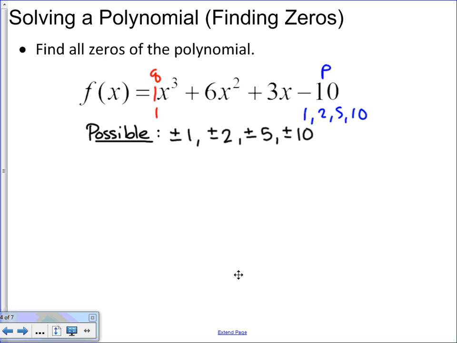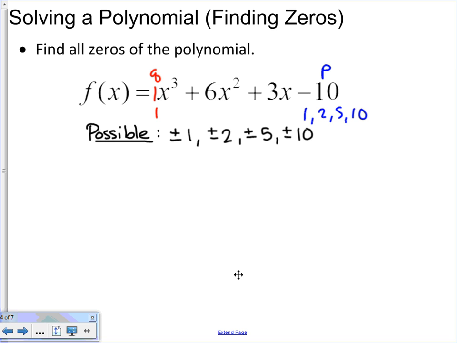Can somebody tell me from yesterday, why do I not have 1 over 2, 1 over 5, and 1 over 10? Why are those fractions not on my list right now? Jackson? Because it's on top of the 2. Okay, so it's really important when you make the list of possible solutions that it's always p's over q's.